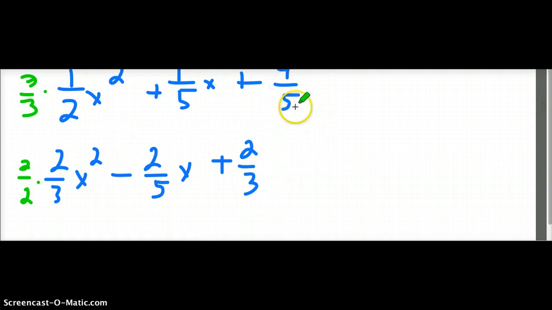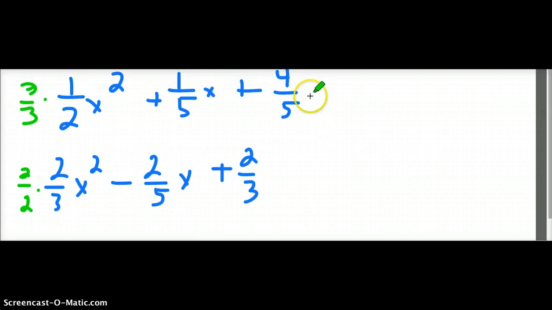And with these two here, we also have to find a common denominator, so we'll multiply the top and bottom by 3 because we're trying to find a common denominator with this number here. And then this number we'll multiply by 5 on the top and bottom. So after we do that, this number becomes 3/6.